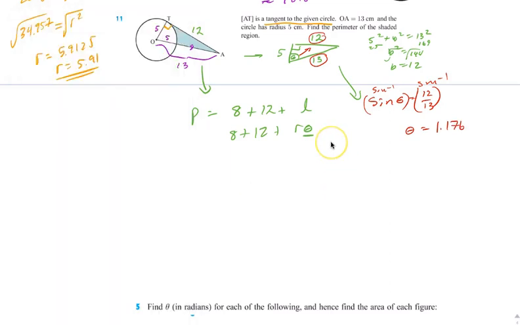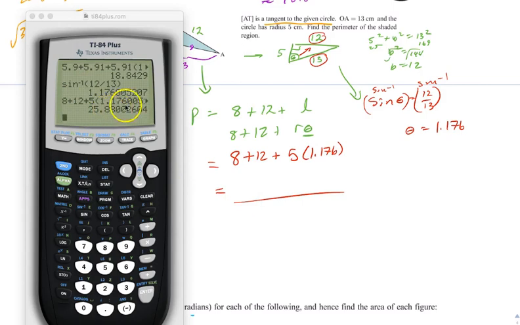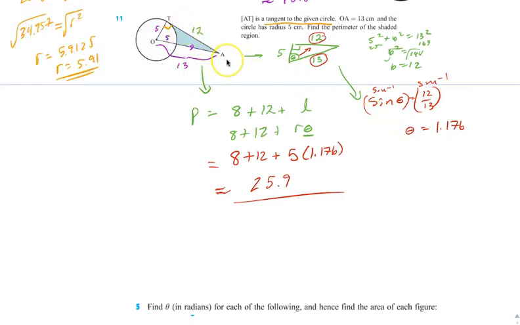Now I can put them all into here. 8 plus 12 plus radius 5 times 1.176, and that answer will give me the perimeter. So in the calculator I got 25.88, or to 3 sig figs, 25.9, approximately. So that'll be the perimeter of this little shape right there.